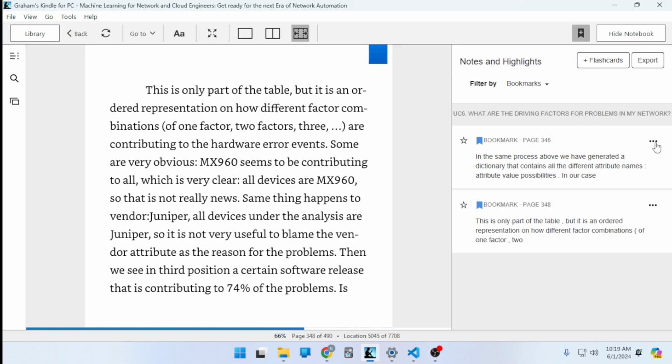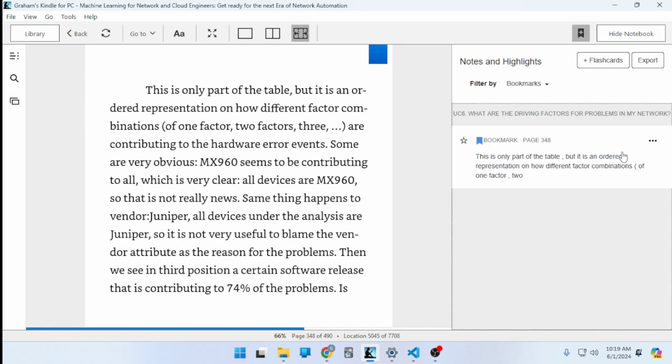Okay, that looks good. This is only part of the table, but it is an ordered representation on how different factor combinations of 1 factor, 2 factors, 3 are contributing to the hardware error events. Some are very obvious. MX960, which is a form of Juniper, seems to be contributing to all, which is very clear.